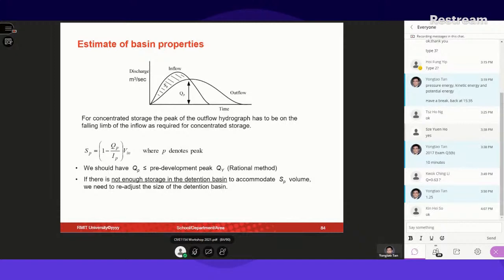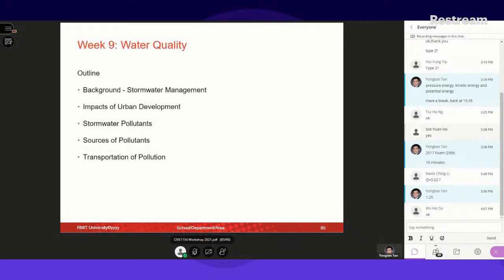Make sure that QP, the peak discharge rate of the outflow, should be less than the pre-development peak from the rational method. If there is not enough storage in the detention basin to accommodate the SP volume, we need to adjust the size of the detention basin.